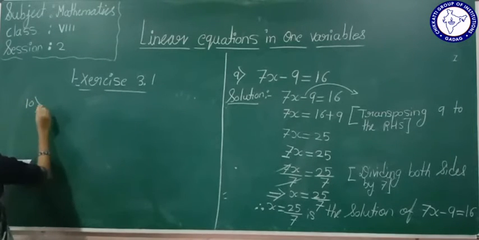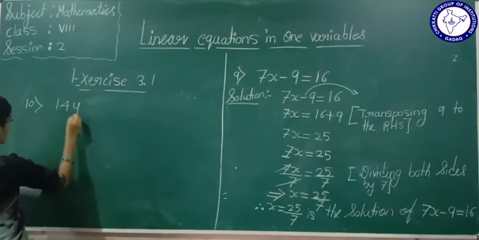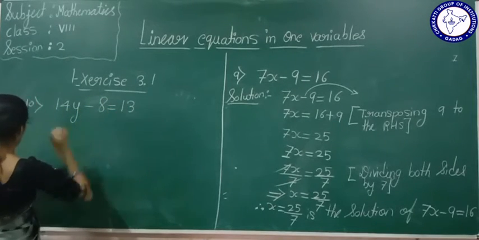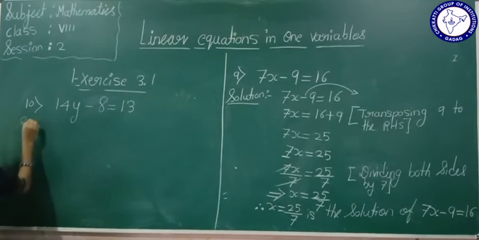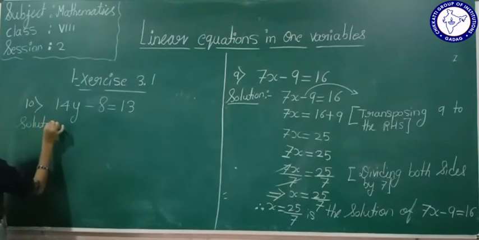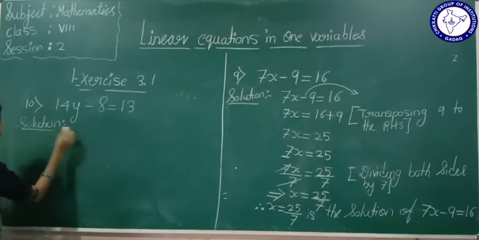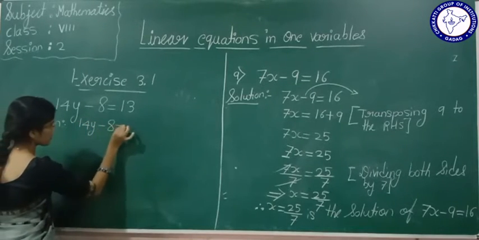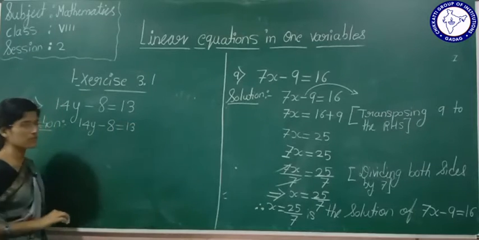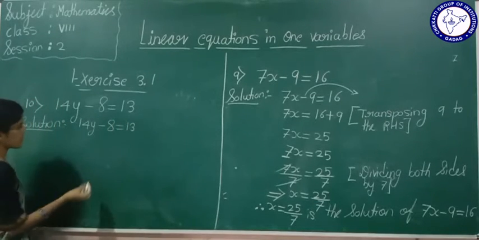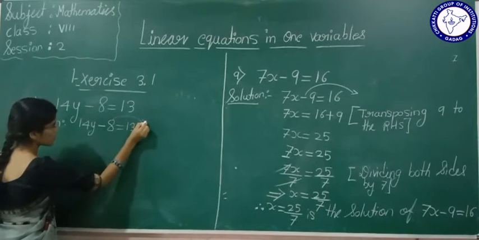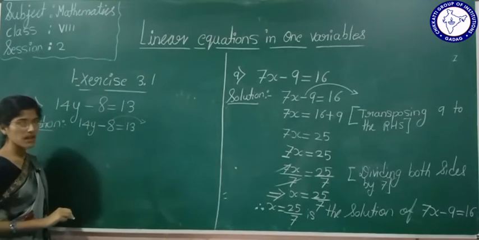So 10th one, 14y minus 8 is equal to 13. See the solution. 14y minus 8 is equal to 13. This is the given thing. Now see, first we will transpose this 8 to the RHS.